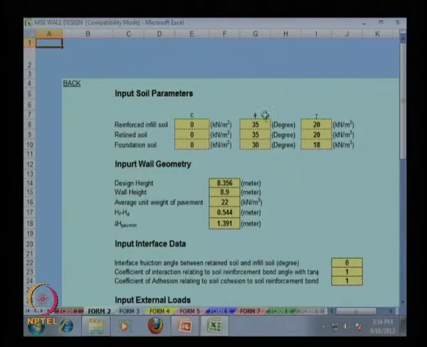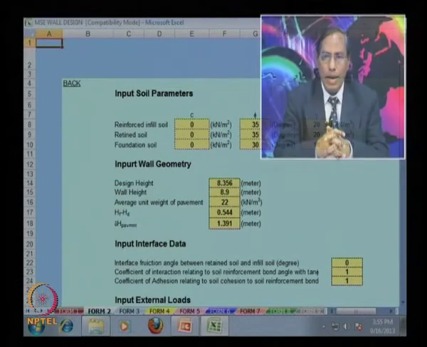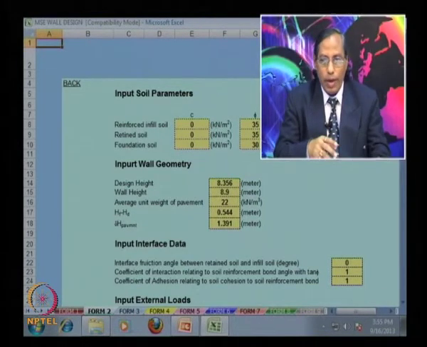I have already explained what the reinforced soil fill is, what the retained soil is and also the foundation soil. And gamma, the unit weight of the reinforced fill, is 20 kilonewton per meter cube, the retained soil is 20 kilonewton per meter cube, and the unit weight of foundation soil gamma is 18 kilonewton per meter cube.